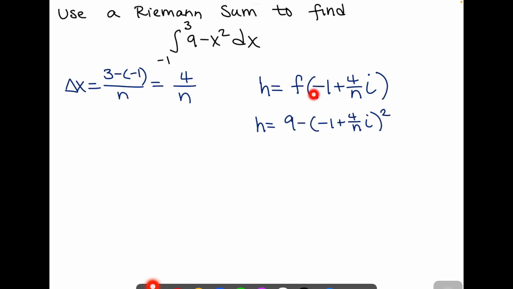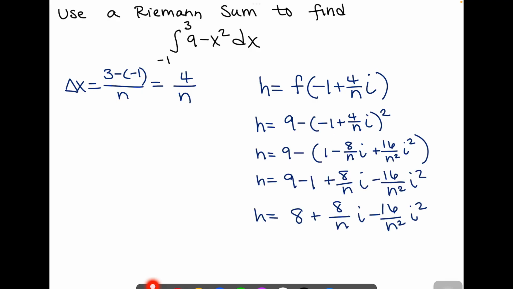Plugging that into my function, the function is 9 minus x squared, so the height would be 9 minus (-1 plus 4i over n) squared. I'm going to simplify that expression. I will FOIL out the (-1 plus 4i over n) squared.